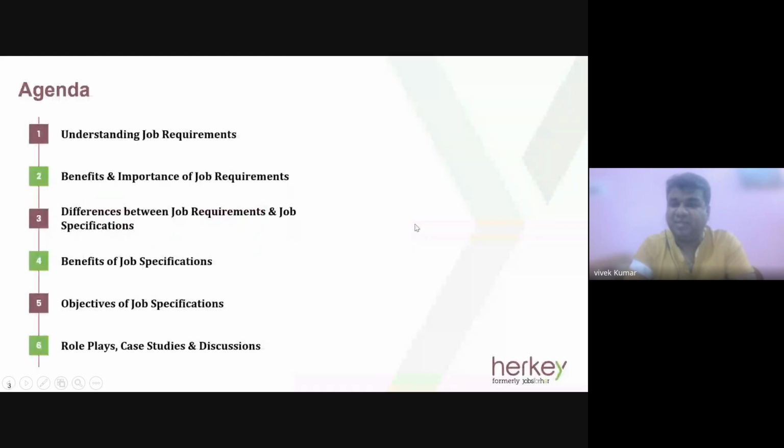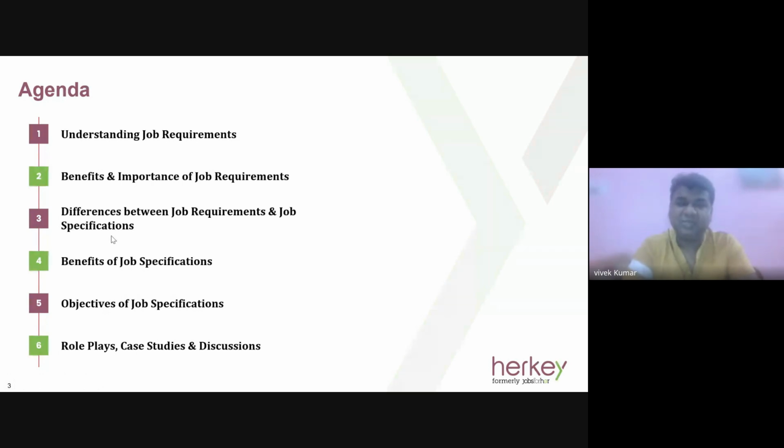So the agenda of today's session would be in this particular order. We will first start with understanding job requirements, like what exactly job requirements mean and how we go about it. Then we'll talk about different benefits and importance for the job requirements. Then we'll also look at the differences between the job requirements and job specifications.